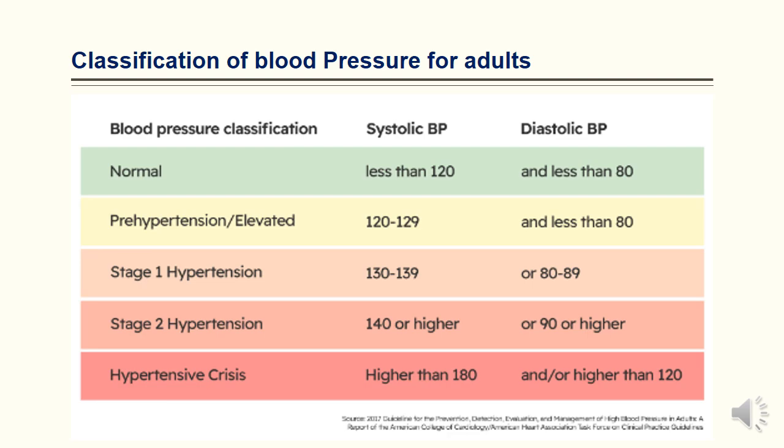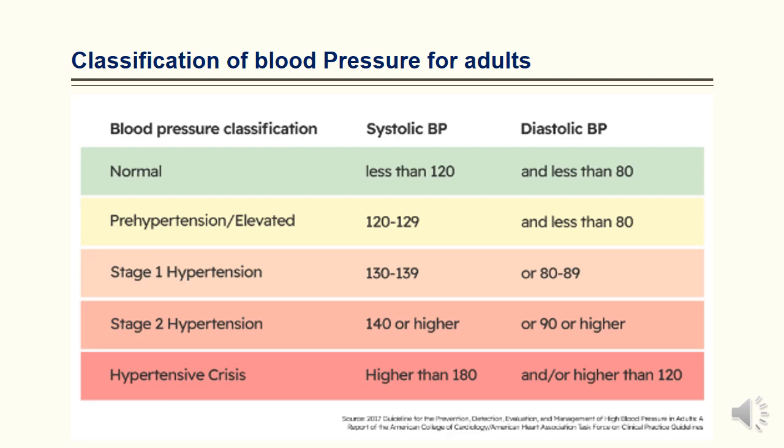One more fact with this. In 2017, the American College of Cardiology, known as ACC, and the American Heart Association, AHA, eliminated the classification of pre-hypertension and divided it into two levels.